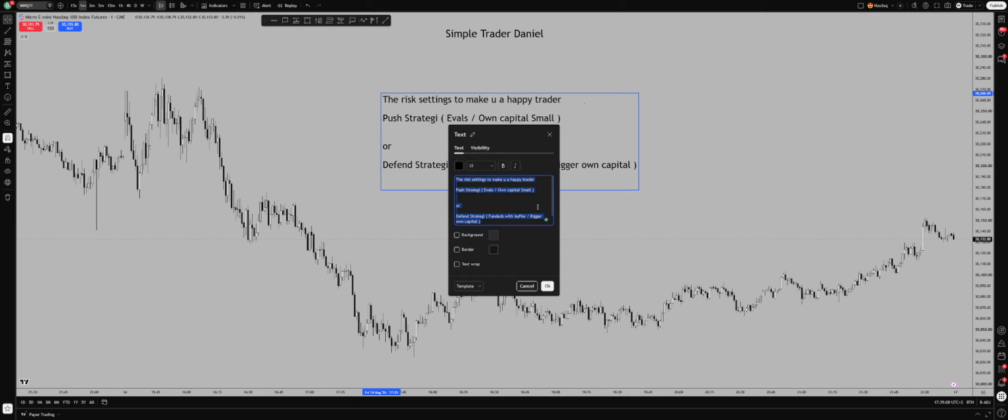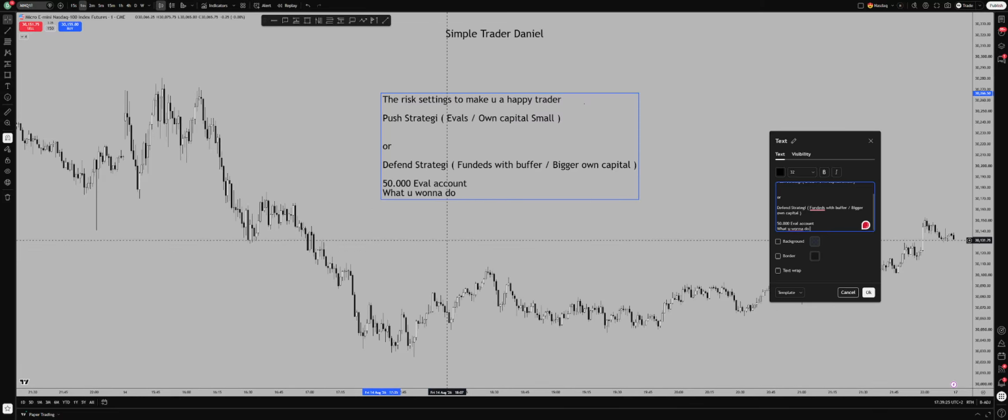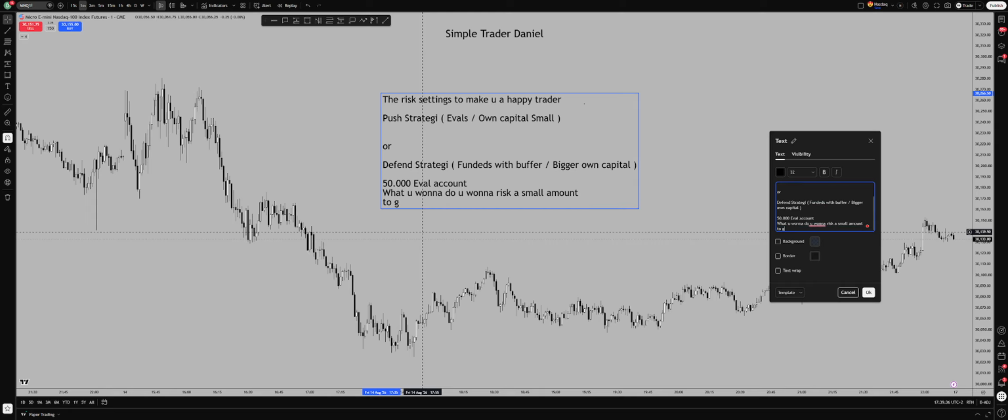And the defense strategy is really simple. Say you have a 50,000 eval account. What you want to do is risk a small amount to grow over time.